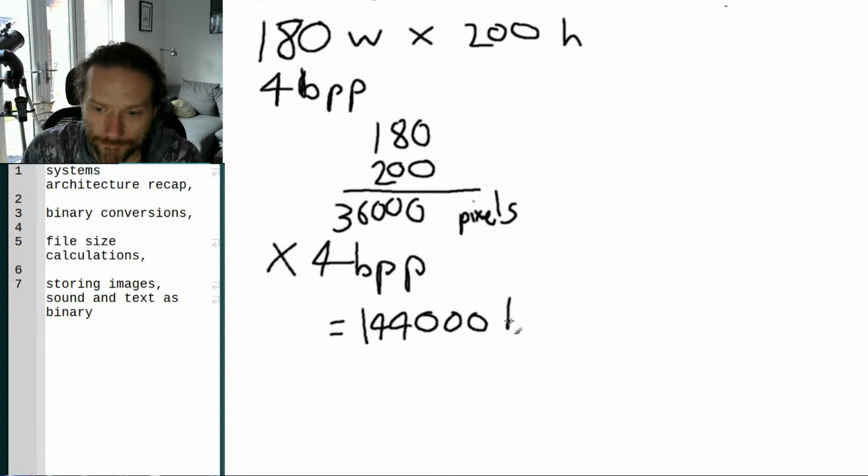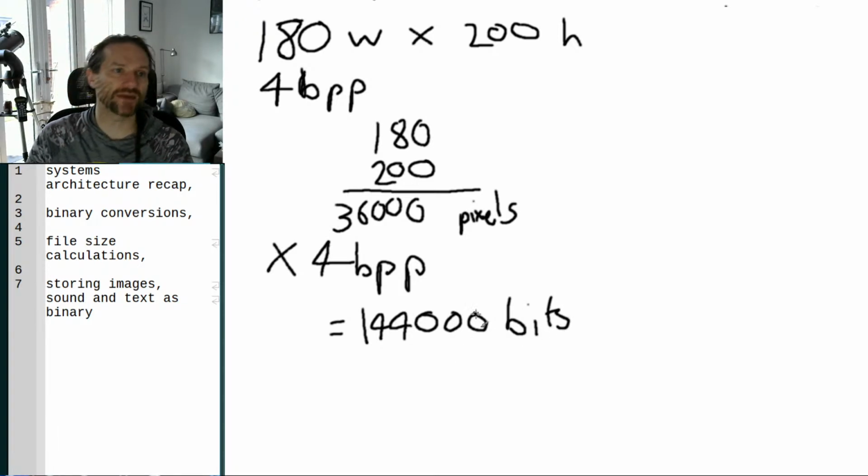144,000 bits. That's the total number of bits in the image. We now need to work out how many bytes there are. So we have to divide by 8.